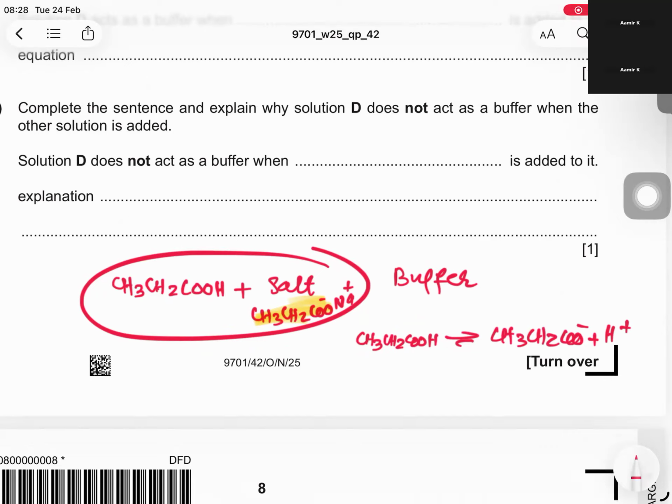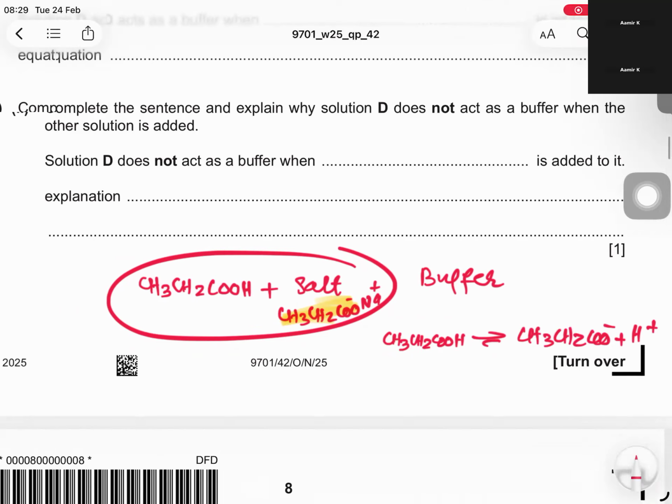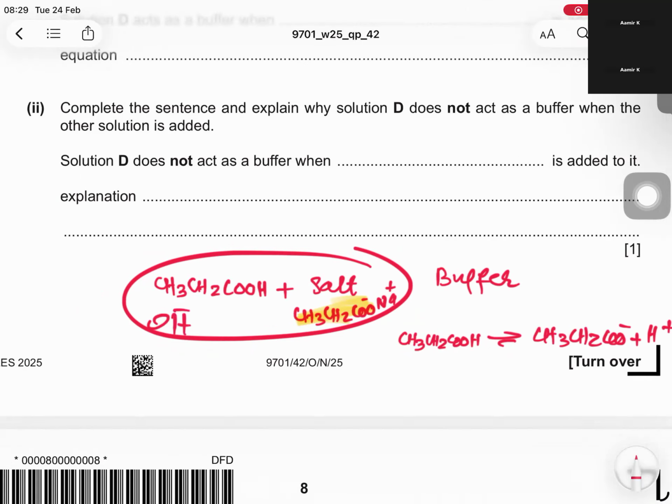So the acid can neutralize any OH⁻ coming, any base that comes. So acid का अपना part, उसके hydrogen ions उसको neutralize कर लेंगे.